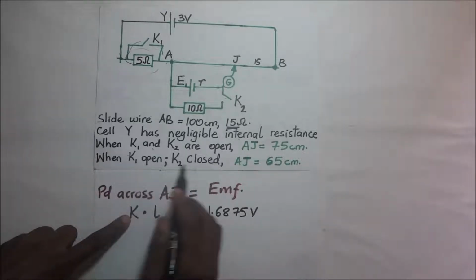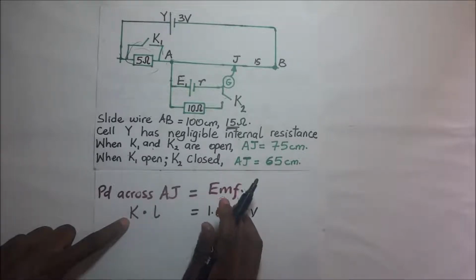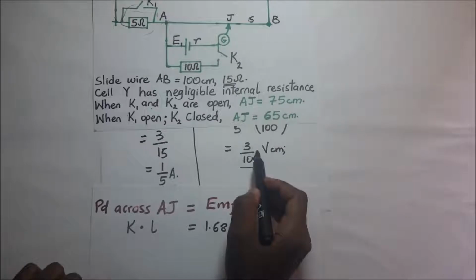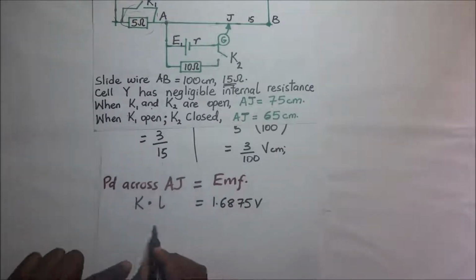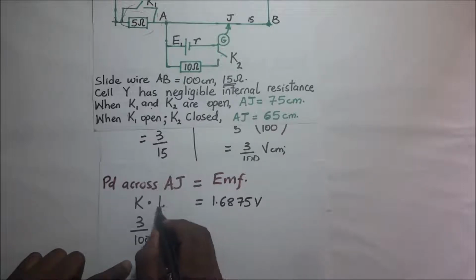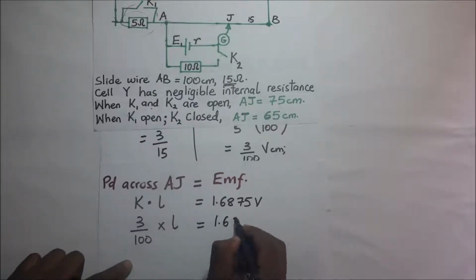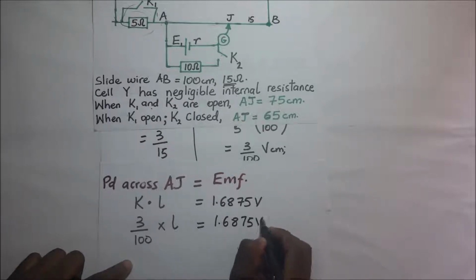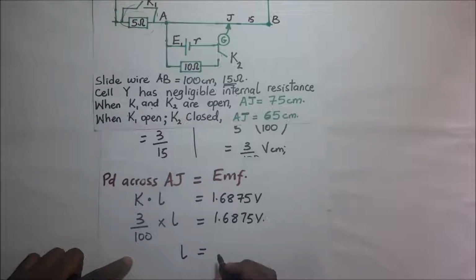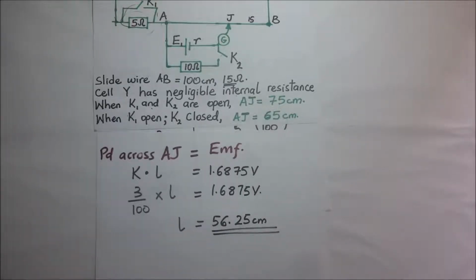Our PD per unit length is 3/100, multiplied by the balance length, which is required of us in the question, equal to 1.6875 volts. So our new balance length therefore is going to become that.